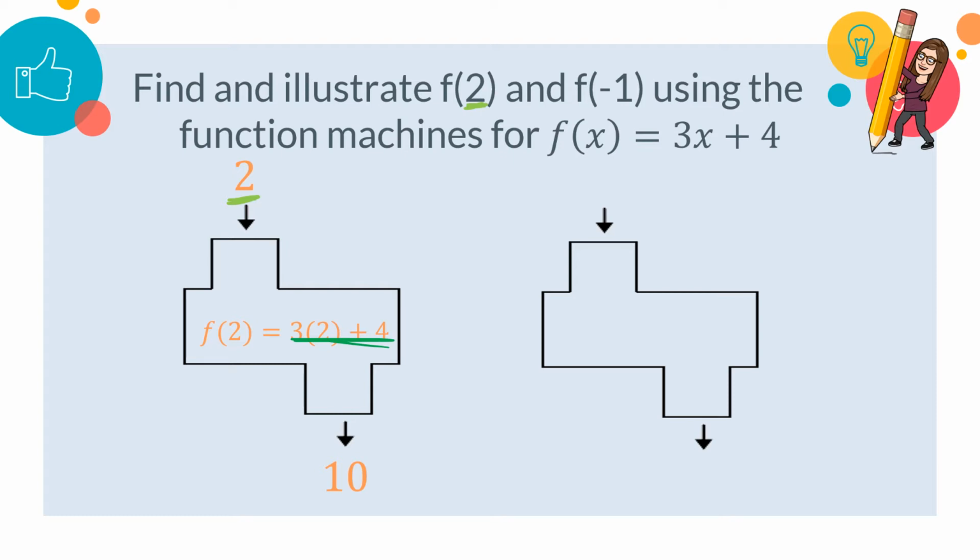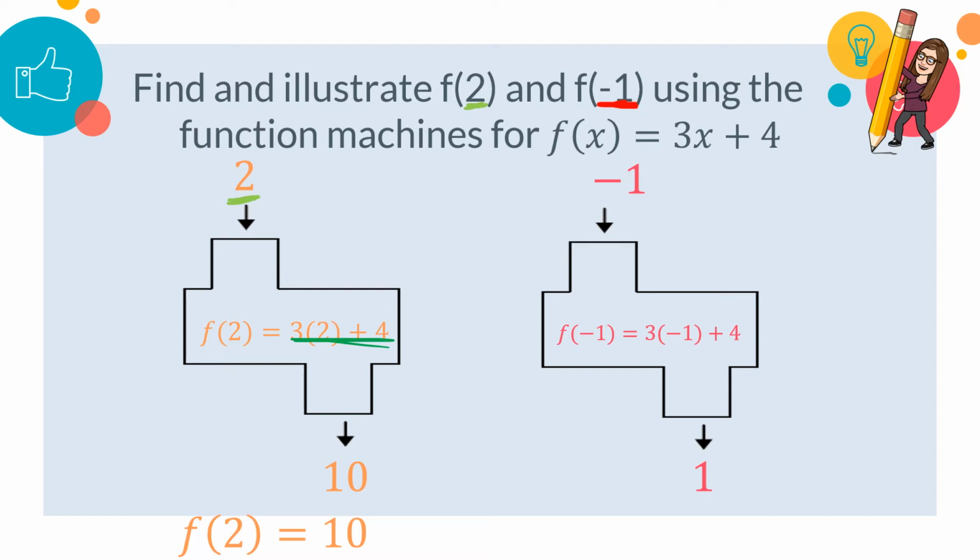Let's try it again. This time, we're going to use the x value of -1. If I input -1 into the rule, then my output is calculated as 1. If I plug in -1, my answer is 1.